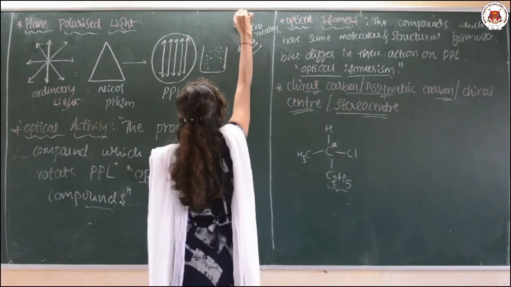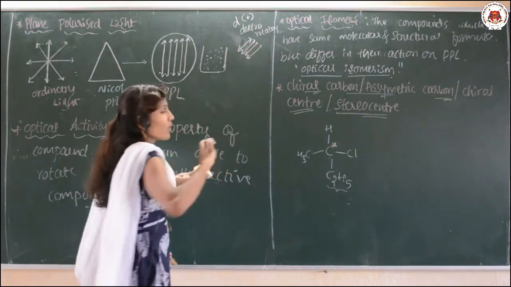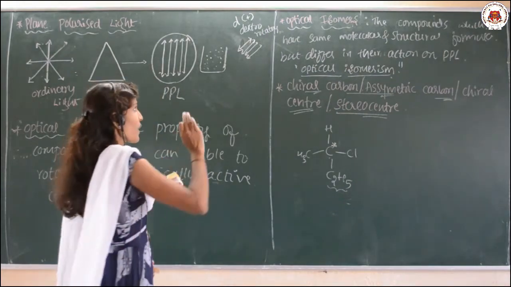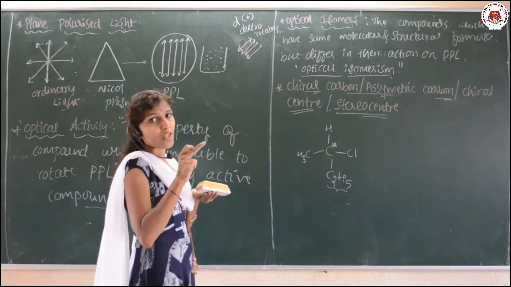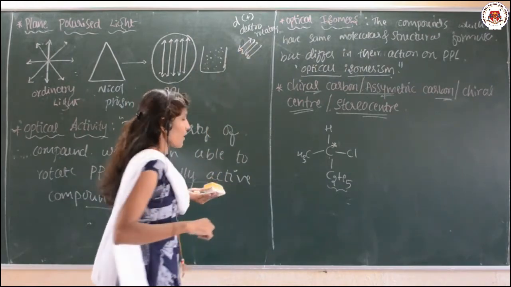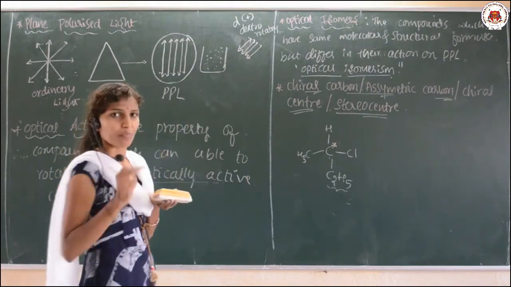It is represented by small d and by the plus sign. If the plane polarized light is rotated in the clockwise direction, that compound is said to be dextrorotatory, represented by d and the plus sign.